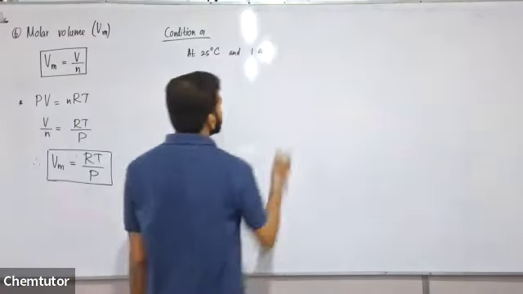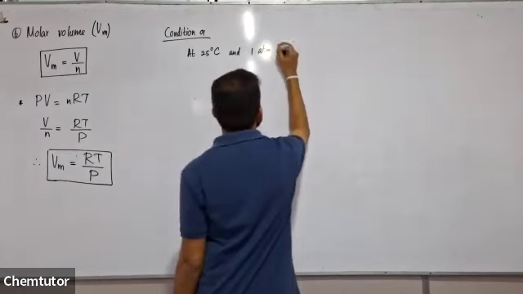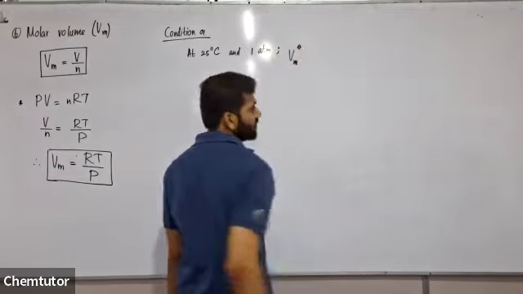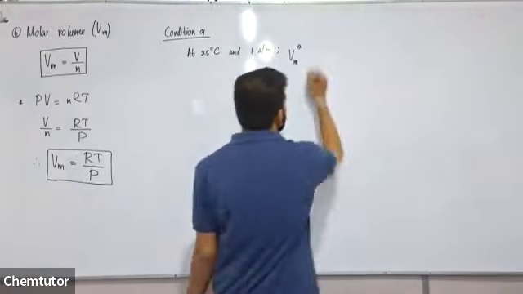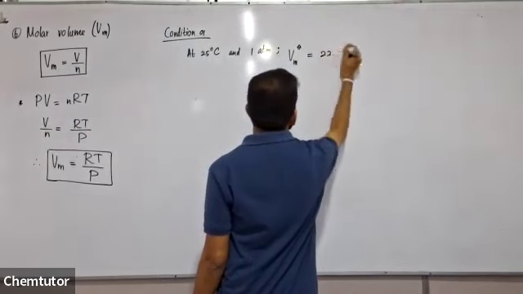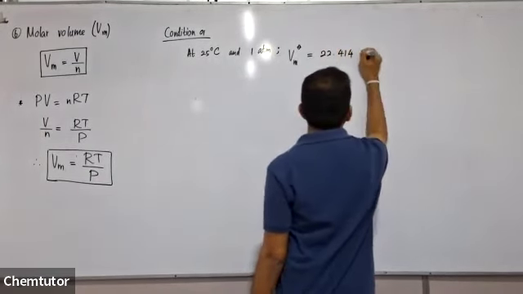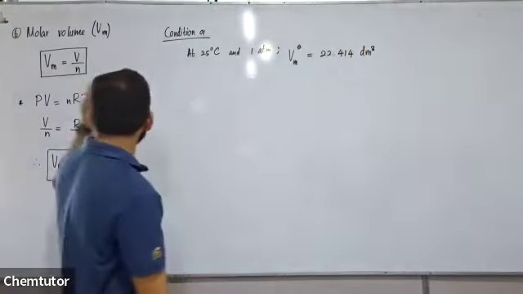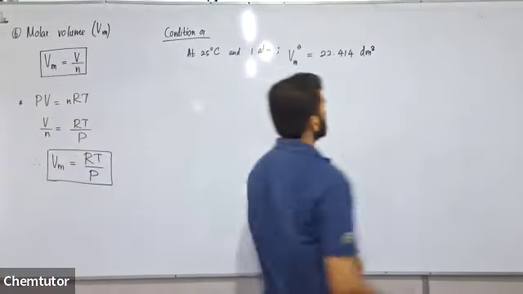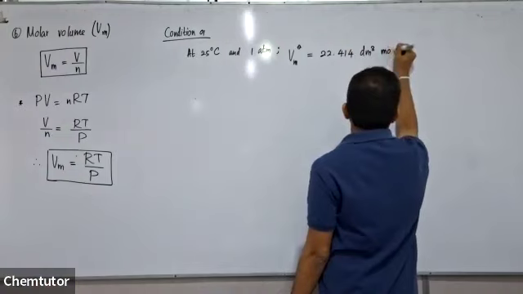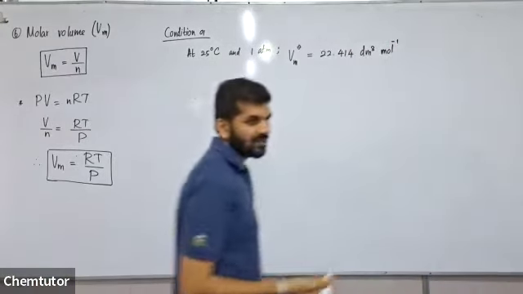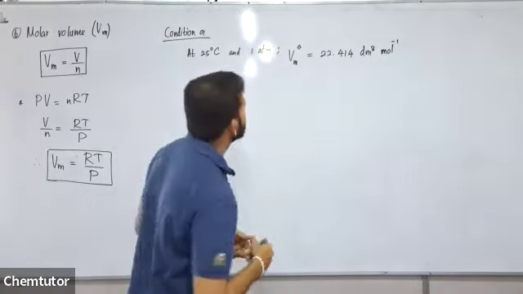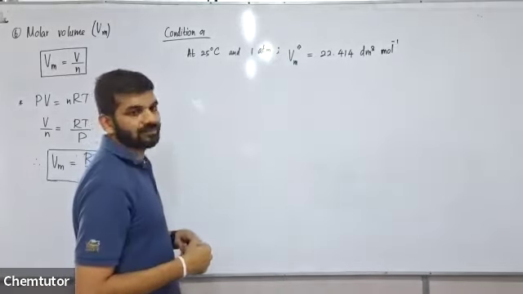So there we can say molar volume, since it is standard, we use Vm. The value is 22.414 cubic decimeters per 1 mole. Therefore, it is 22.414 cubic decimeters per mole. For the ease of our calculation, we just use 22.4.